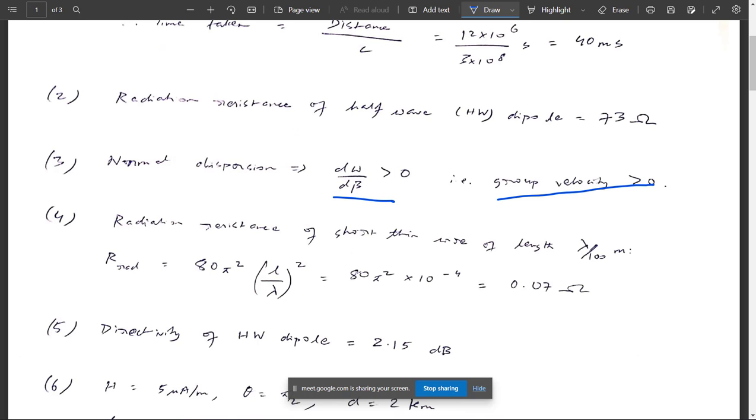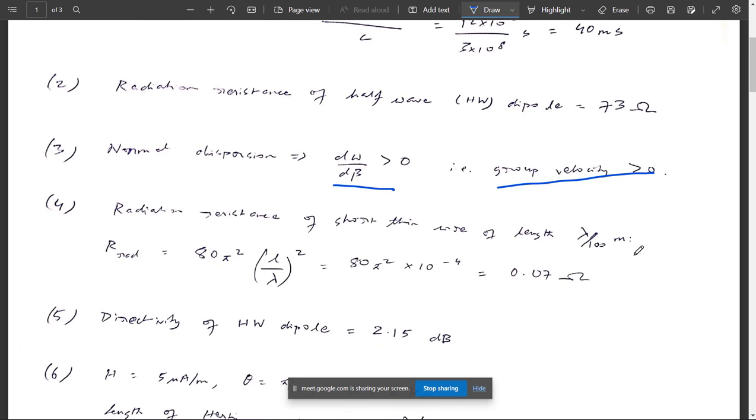Okay, no problem. So the radiation resistance of a short thin wire of length lambda by 100, this is the formula. The radiation resistance of a short thin wire is given as 80 pi square, L by lambda, whole square. So we know 80 pi square and we know L by lambda.